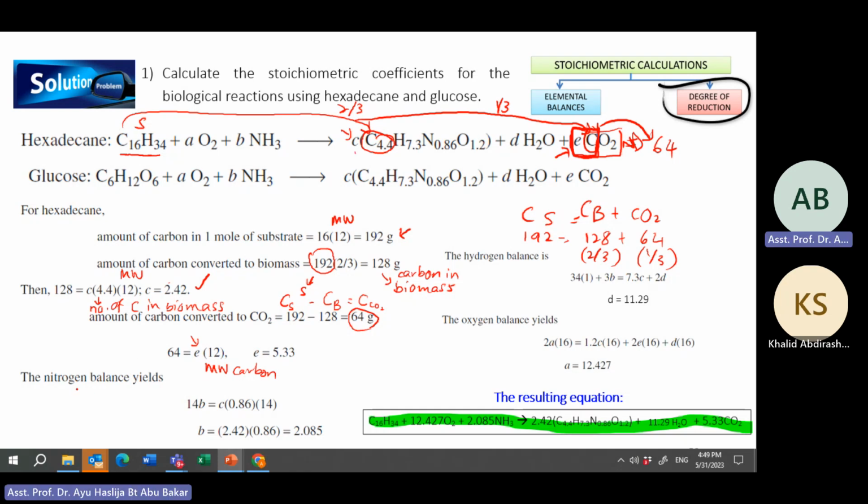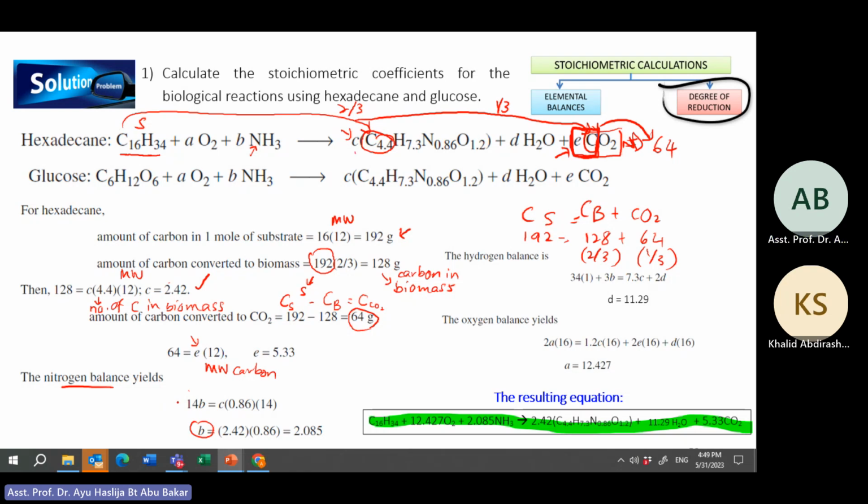So you can use the nitrogen balance to calculate the B. (14) here refers to N over here.